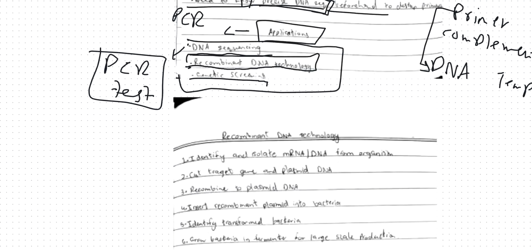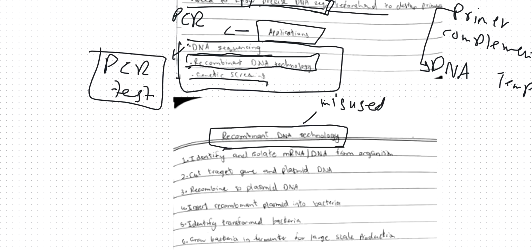And so moving on to recombinant DNA technology. This is important if you have misused genes, or you have problems in your genes. So what happens is DNA is recombined with plasmid and then sent back into the bacteria.